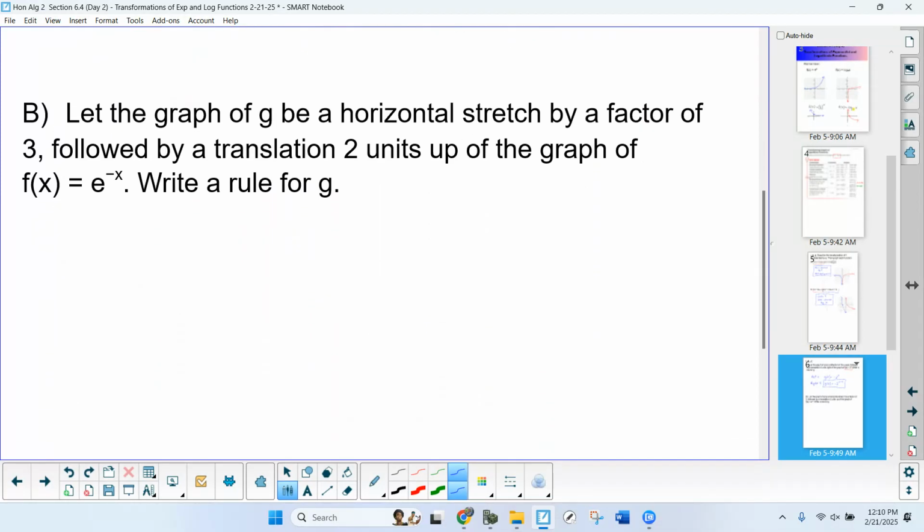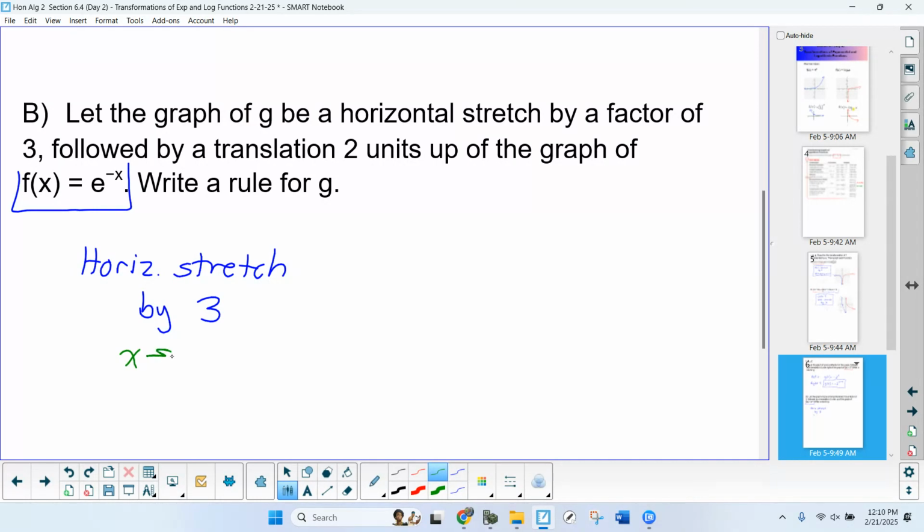We're going to first do a horizontal stretch by 3. Horizontal stretch by 3. And here's my original problem. So what do you guys do when you do a horizontal stretch by 3?